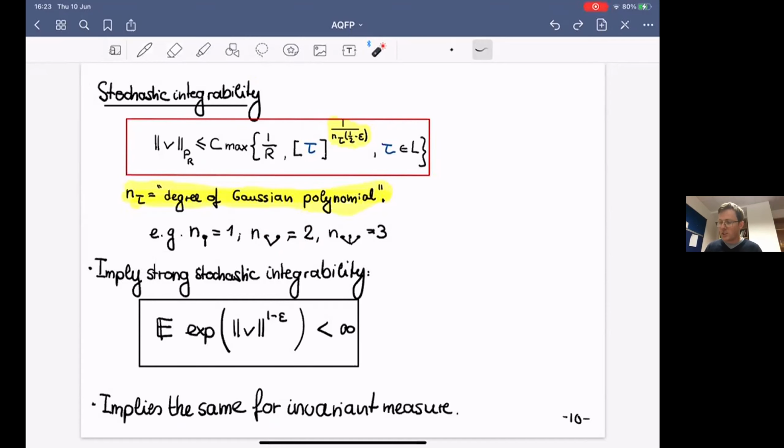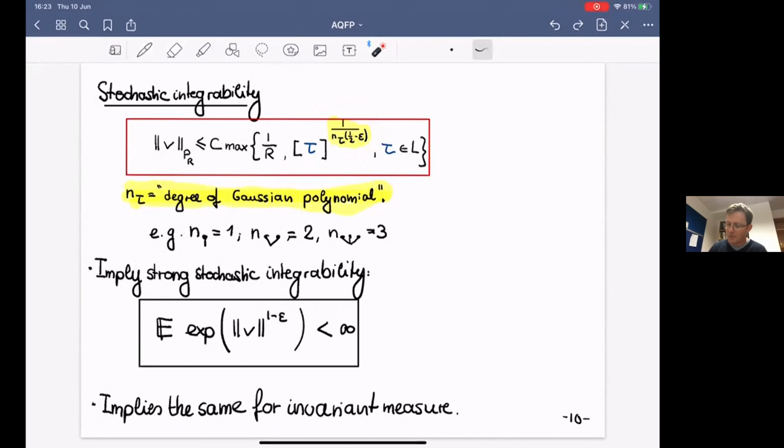So if one uses Gaussian integrability of these terms, then all of these terms behave exactly the same because of this 1 over n tau, and you get very nice, strong stochastic integrability from that. So the remainder v, and hence also the solution, has these nice strong stretched exponential tails.